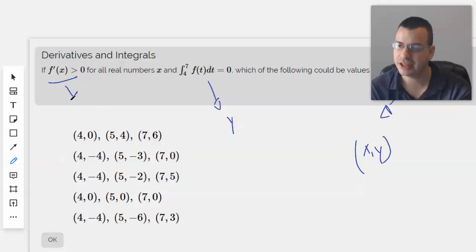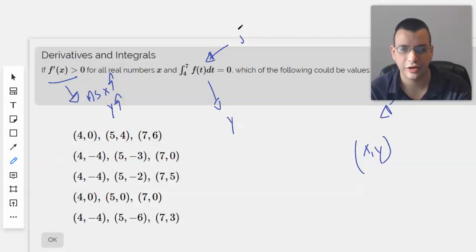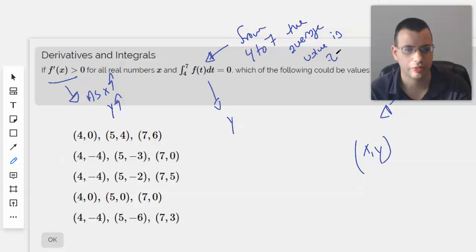So it's first saying that as x goes up, y goes up. And this is also saying that from 4 to 7, the average value is 0.